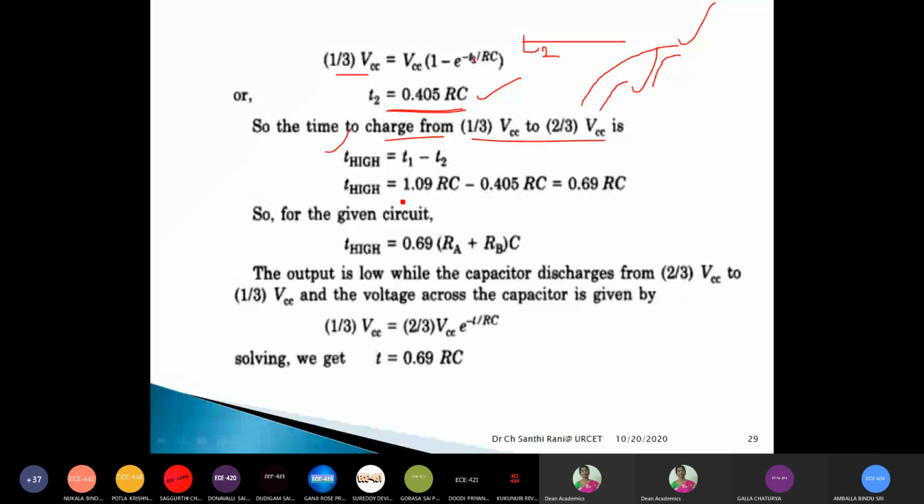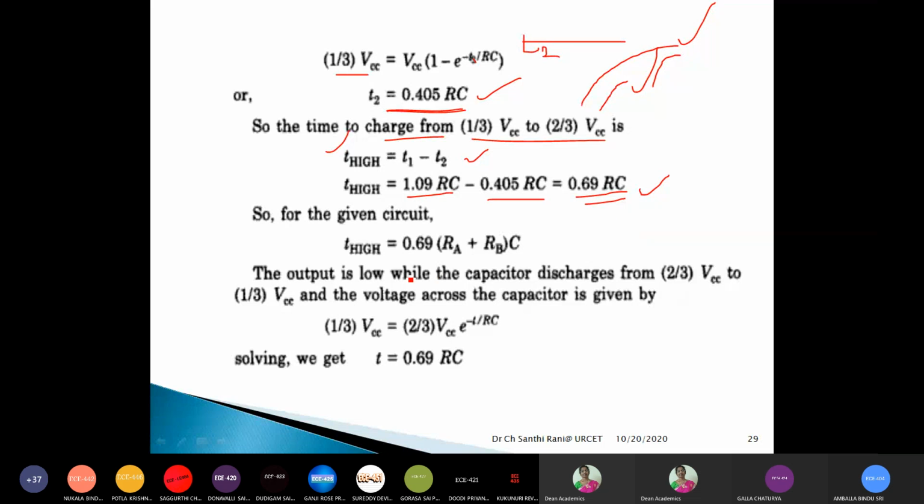T1 is 1.09 times RC minus T2, which is 0.405 times RC, and if you subtract, you will get 0.69 times RC. So T high is equal to 0.69 times RC.